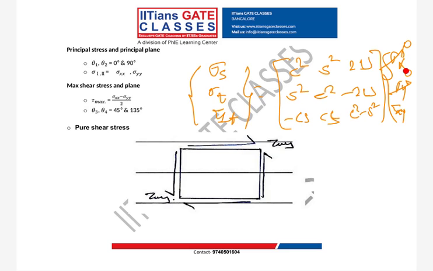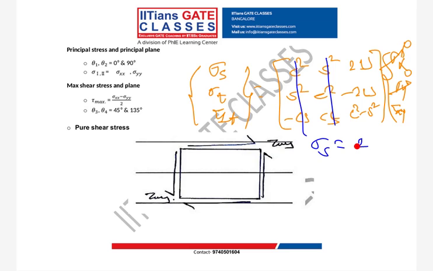So that means the first two columns are of no use. Then tell me what will be your sigma S?